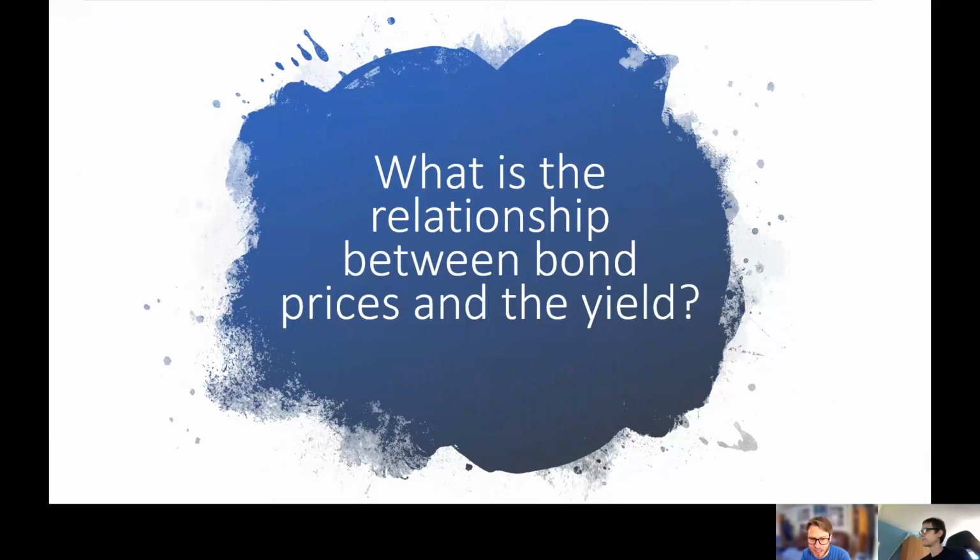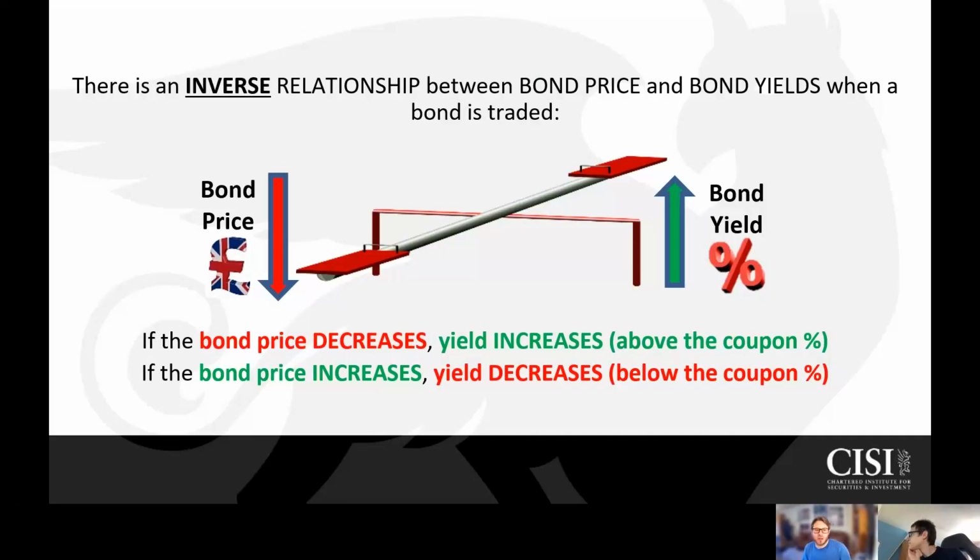And as Simon said, there's this inverse relationship between bond prices and yields. The bond yield does the same thing as interest rates in relationship to the bond price. So as bond price goes down, the yield of the bond will go up, and equally, if the bond price goes up, the yield will go down.